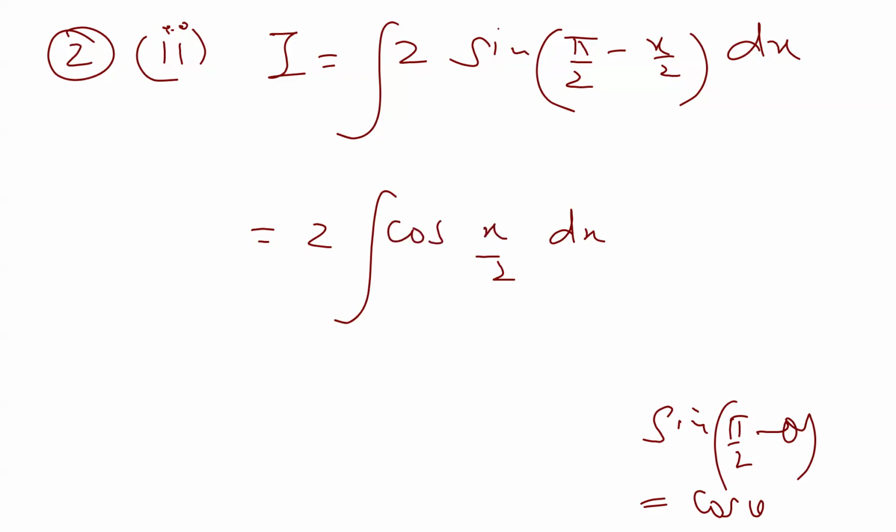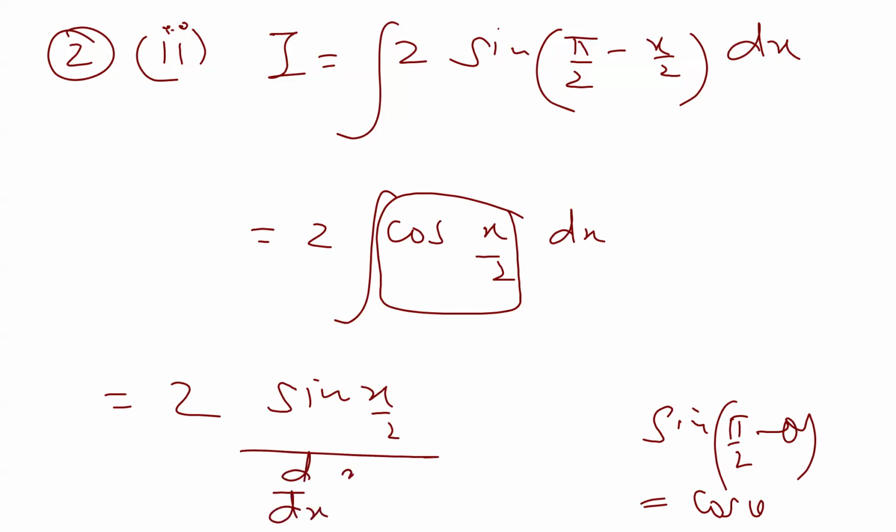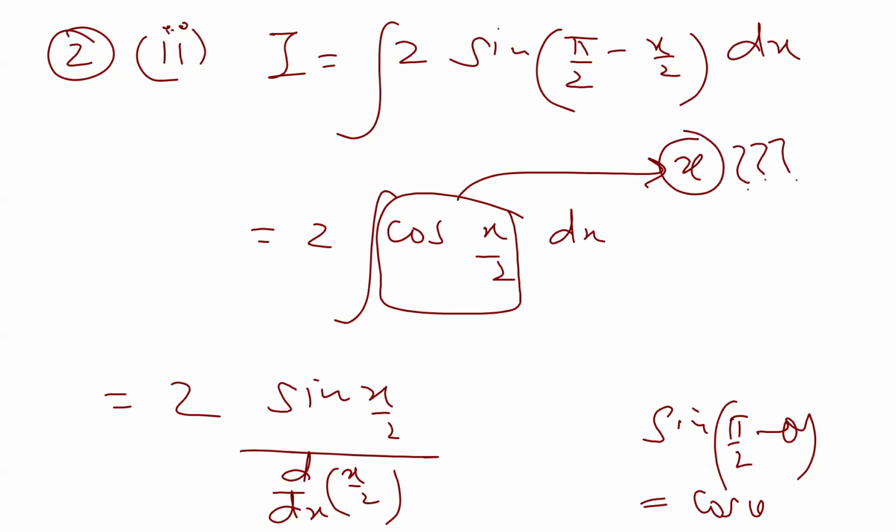Okay. Complementary angle. Now the integration of cos is sin of x by 2 upon d/dx of x by 2. Guys, when I say cos x by 2, who is x? x is getting replaced with x by 2. x by 2 is a linear algebraic term.